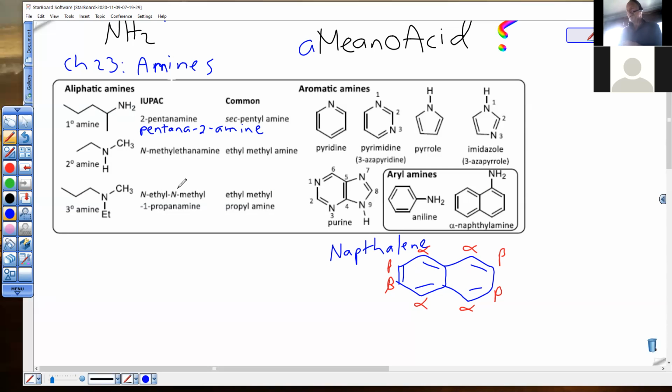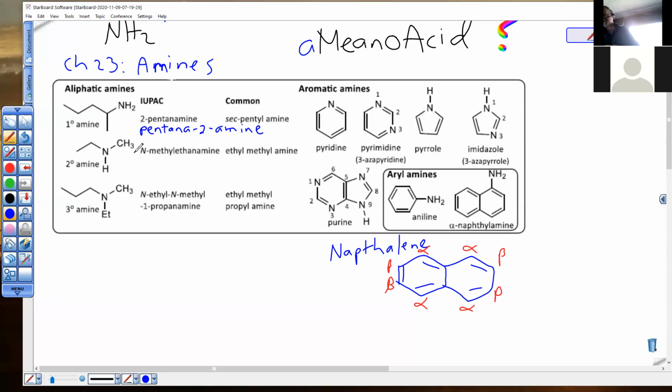That would be a sec-pentyl group attached to an amine. Common naming is easy. Name the R group attached to the amine and just throw the word amine at the end. That's a sec-pentylamine. N-methylethanamine is the IUPAC name. The longest chain of these 2 is the 2-carbon ethyl, so it's an ethanamine.